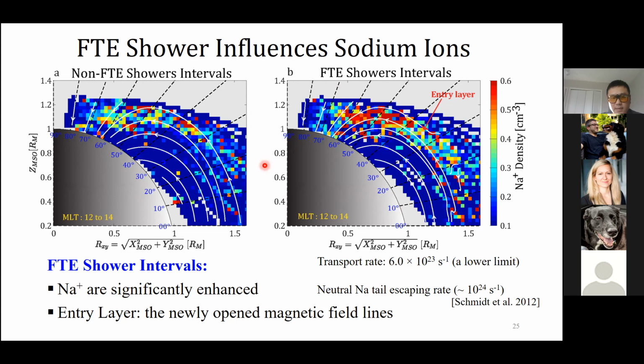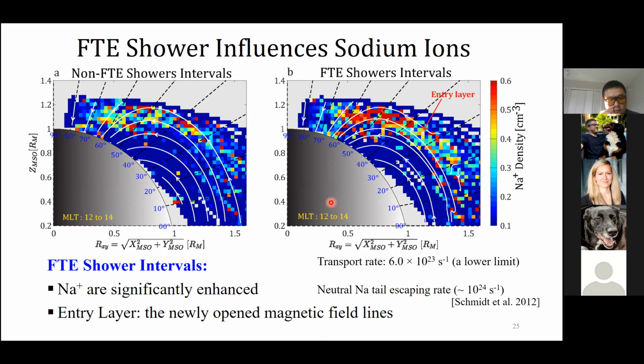The color indicates the average sodium ion density. Remember, sodium is one of the most abundant heavy ions in Mercury's exosphere. And the white line is the average magnetic field line, which is derived from the measurement of the magnetic field during each interval.